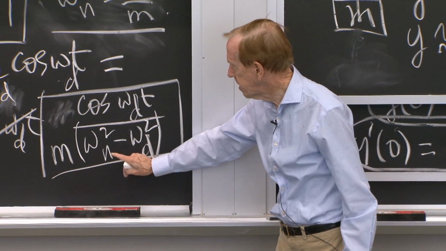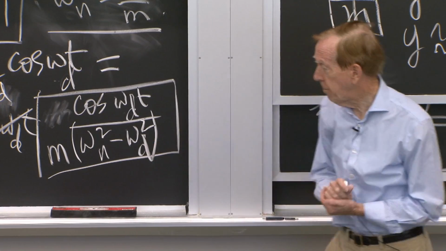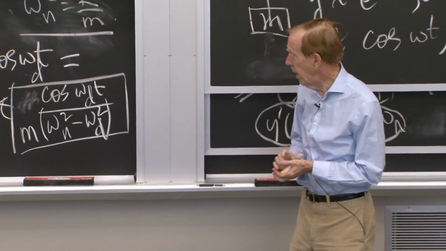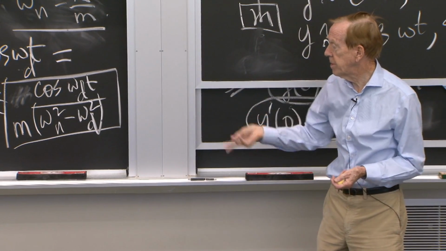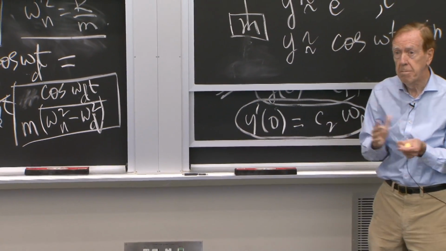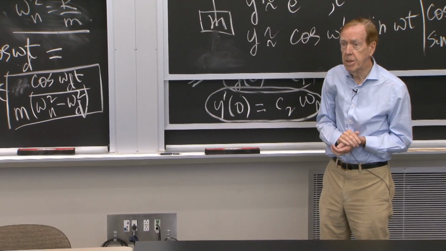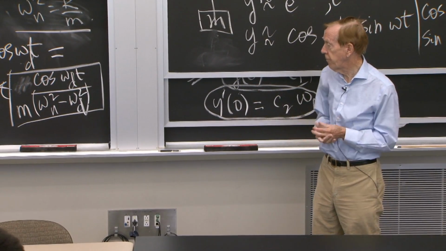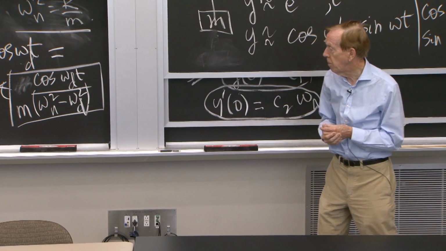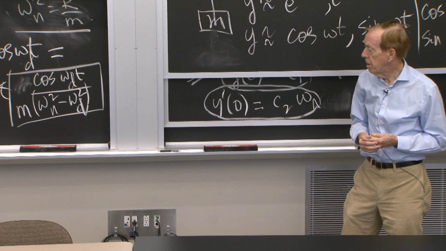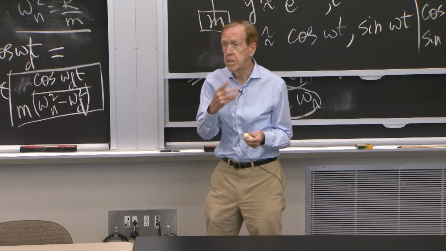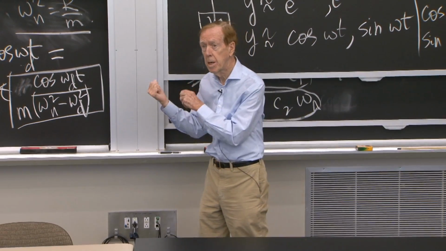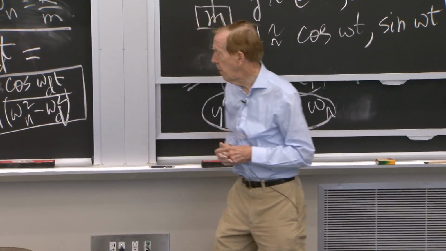What happens when that formula breaks down? When the driving frequency equals the natural frequency, then we're dividing by 0, and something's different. The formula isn't right anymore. Let me just tell you what enters the formula, and then we'll see it in a simple example.